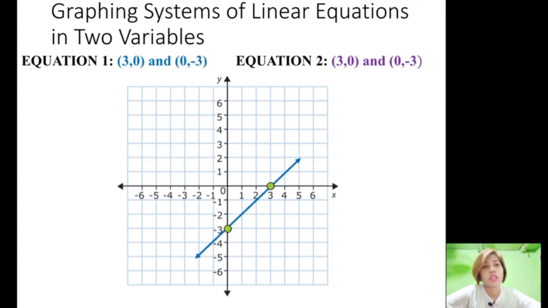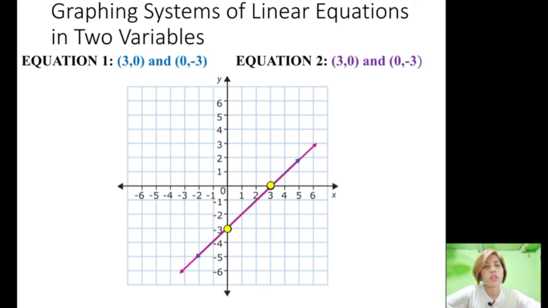And then, let's have the second equation. (3, 0) and (0, -3). So, 3, dumunod tayo sa 3 na nasa x-axis. And then, negative 3 na nasa y-axis. After that, i-join po natin yung dalawang point. Ayan.